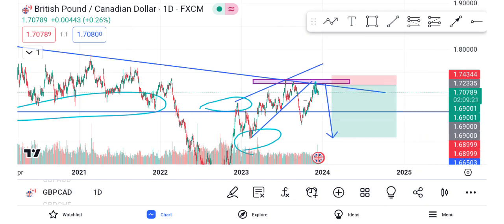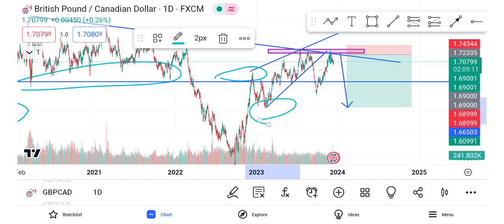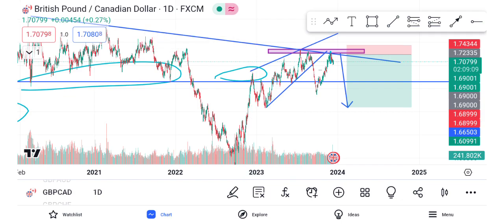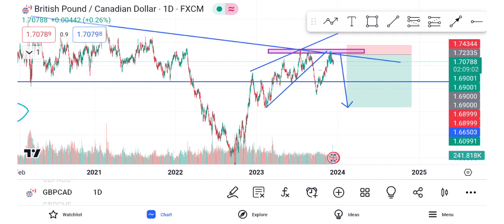Don't mind me, let me clear some of the things I drew on the weekly time frame so the chart can be clean. So this is it now.